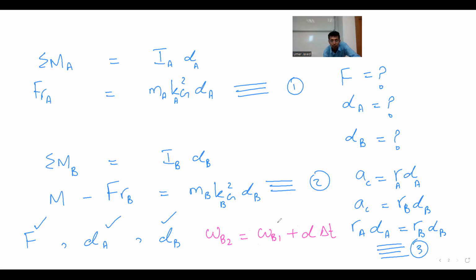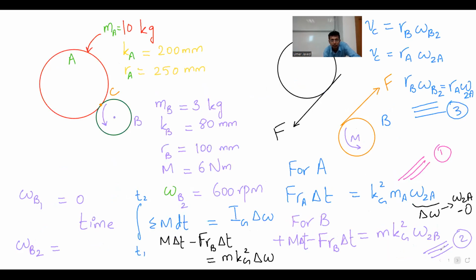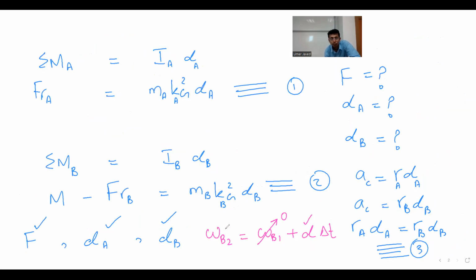So now the initial value is 0, if I remember, this is known and delta T is given to you. We are given 600 RPM. Oh, sorry. So this is 600 into the conversion from RPM to radians per second.